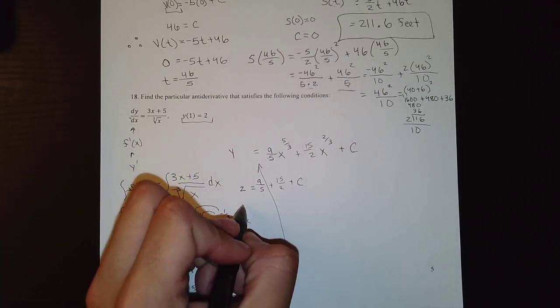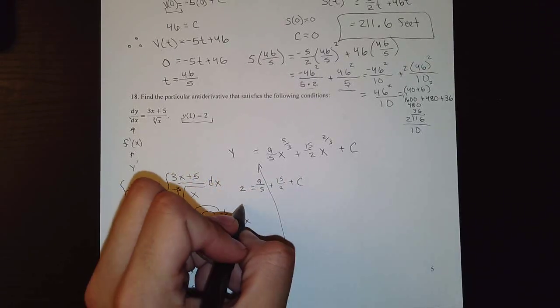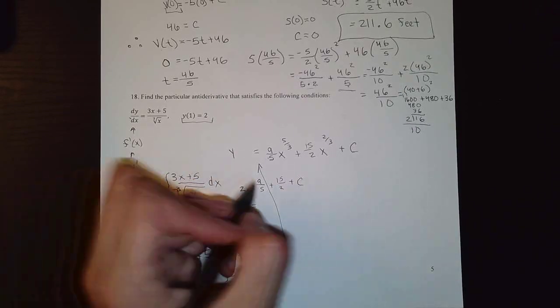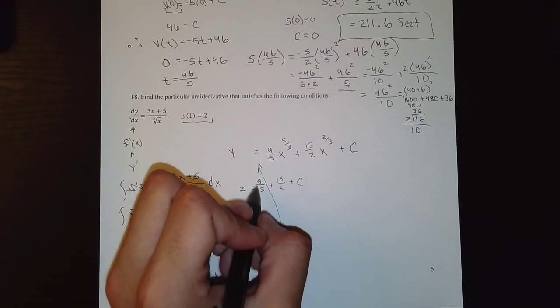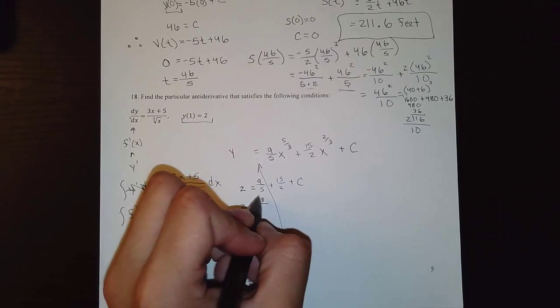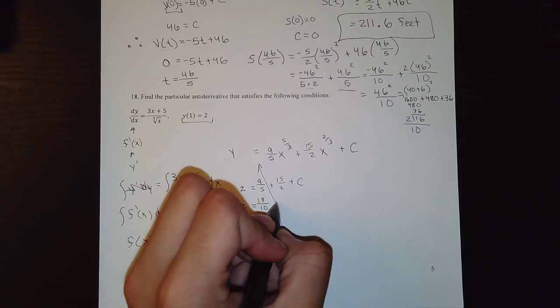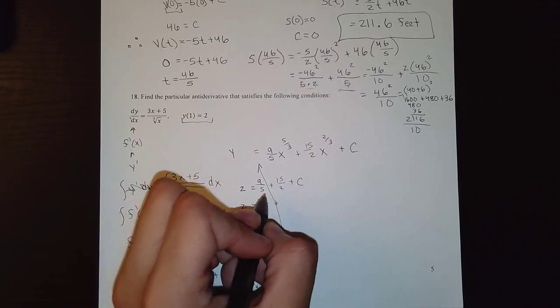And so I'm going to combine these fractions first. So I'll keep the 2, and instead I'll do 9 times 2, which is 18, over, I multiply the bottoms, so now I have 10, and then I add that to 5 times 15.